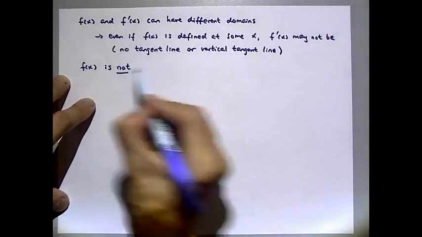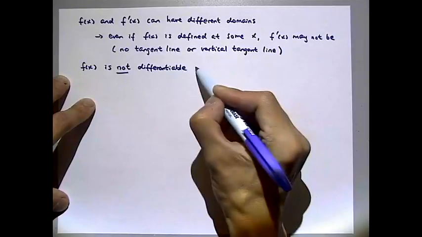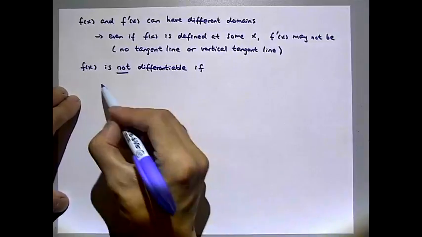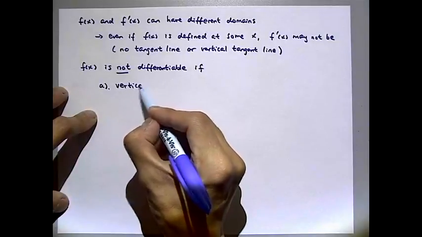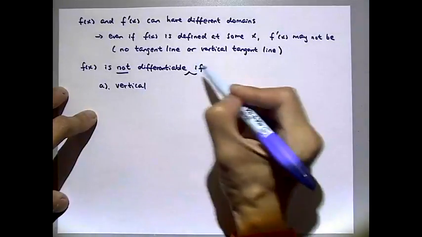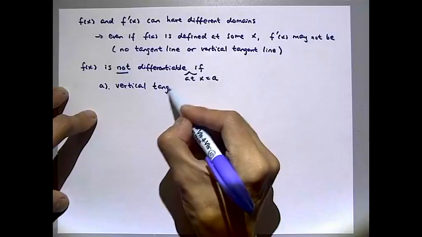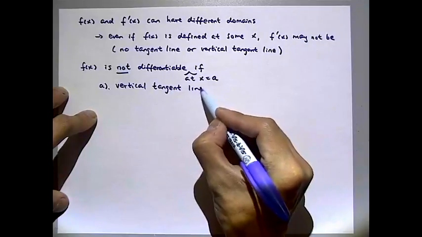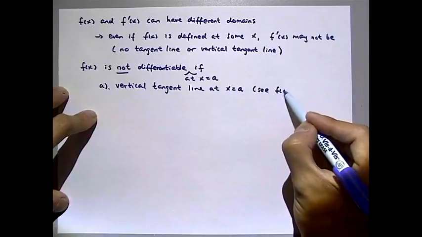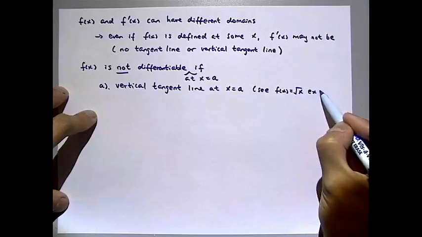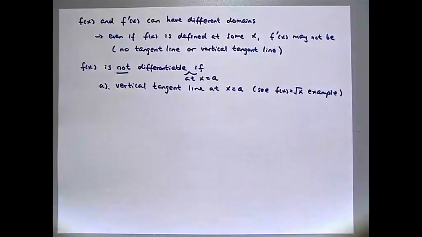So f is not differentiable at x is equal to a if the first one is the one we saw earlier: a vertical tangent line at x is equal to a. And you can refer back to the first example we did to see that situation.